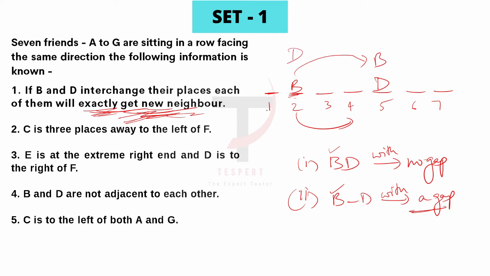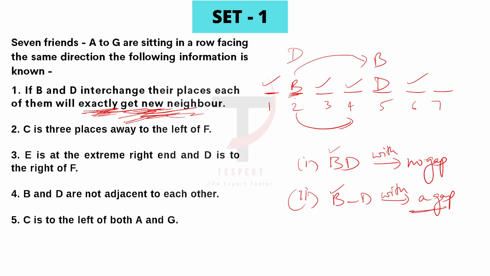Now B has 2 new neighbors, which are 4 and 6. D has 2 new neighbors, which are 1 and 3. But we want exactly one new neighbor. We don't want 2. Hence, if we keep on increasing the spaces between B and D, the new neighbors will keep increasing. It is directly proportional.